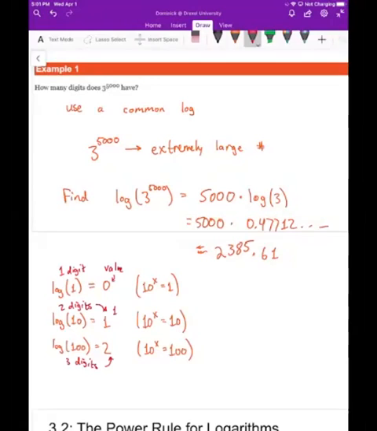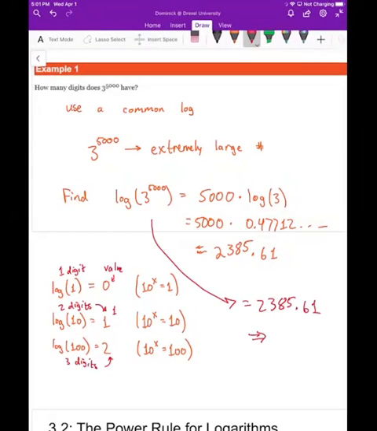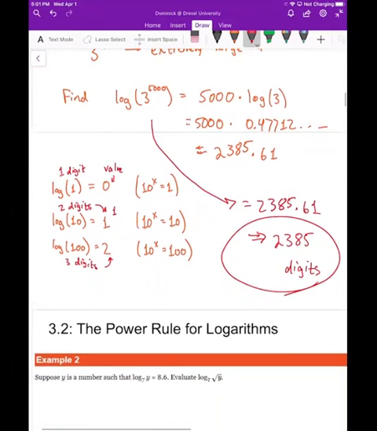So if the log of this is equal to 2,385.61, then that should mean that I have 2,385 digits. I just sort of round down there. All right, and that's the idea. So that's an interesting application there.